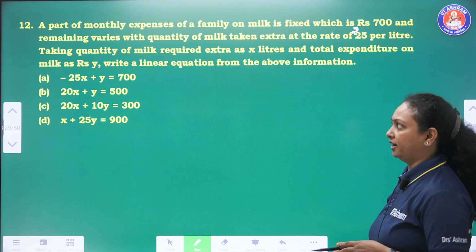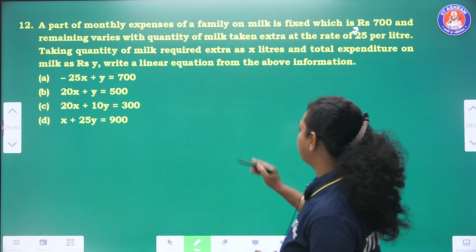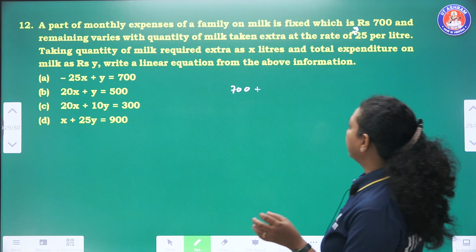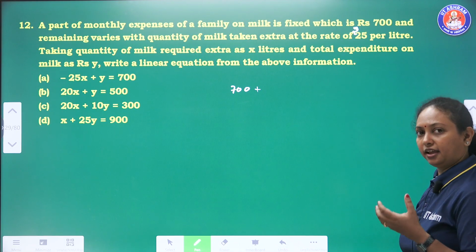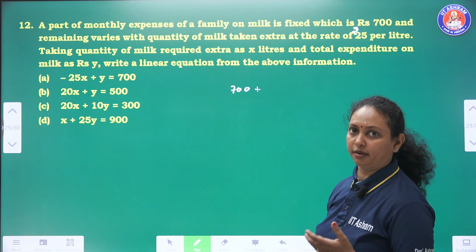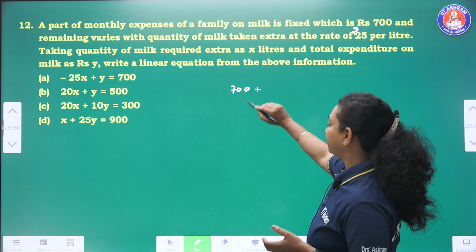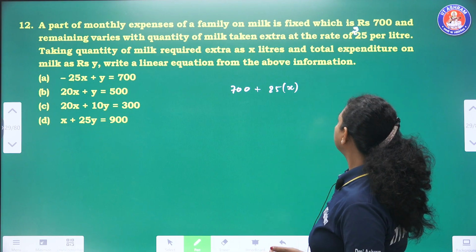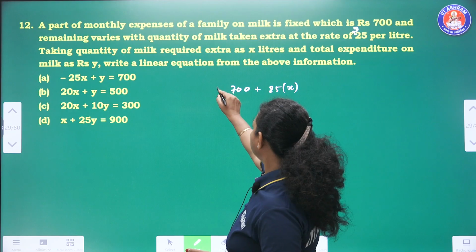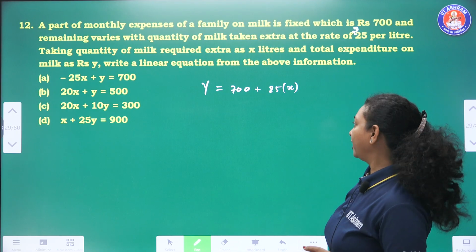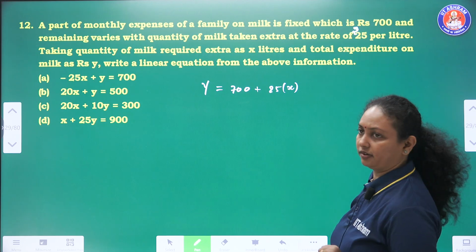The monthly fixed expense on milk is rupees 700 and they have purchased extra x liters of milk at rupees 25 per liter. So the cost of extra milk is 25 into x, and the total expense is the variable y. So y is equal to 700 plus 25x.